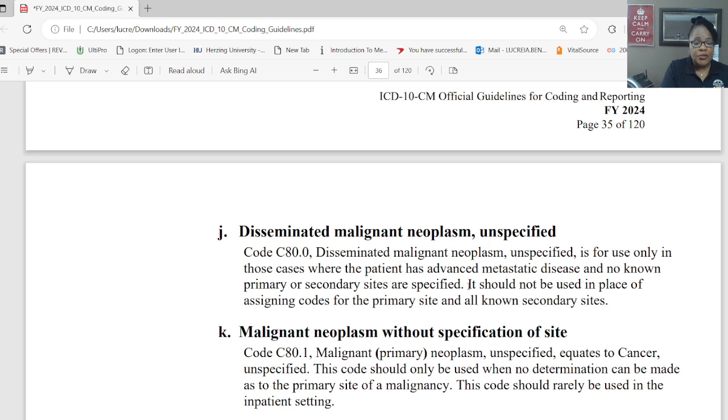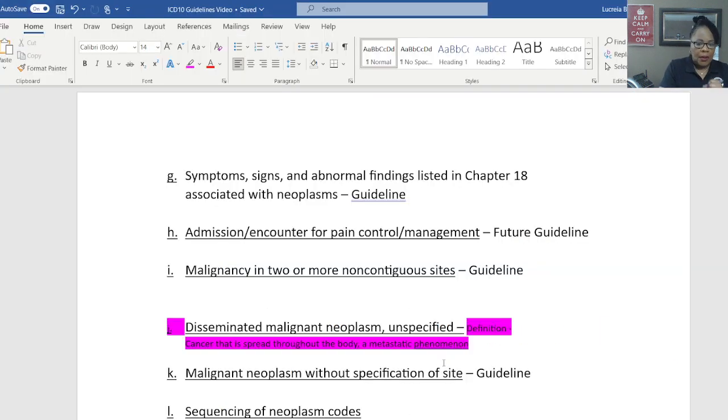It should not be used in place of assigning codes for primary site and all known secondary sites. So just code when it's just spread, it's disseminated. Then use code C80.0. And again, disseminated means cancer that is spread throughout the body.